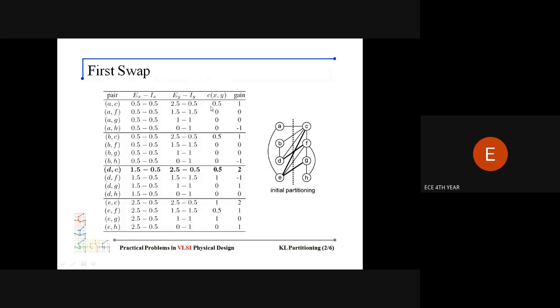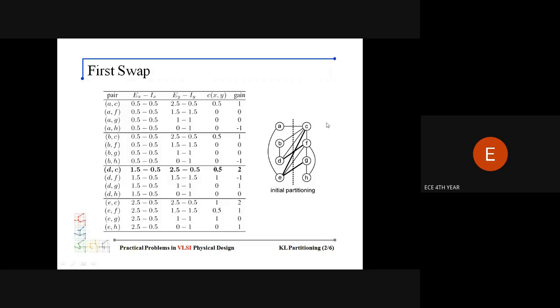That C is, if we are having an edge, then it is 1. If we don't have any edge, then it is 0. So do we have any edges between A and C? Yes. That means the value is 1. Okay. So we have to calculate, that is 0 plus 2, that is 2, minus 2 into 1. 2 minus 2.